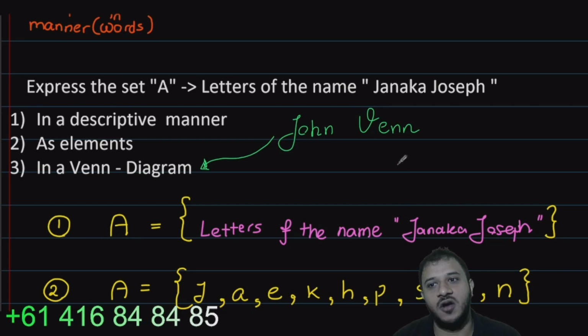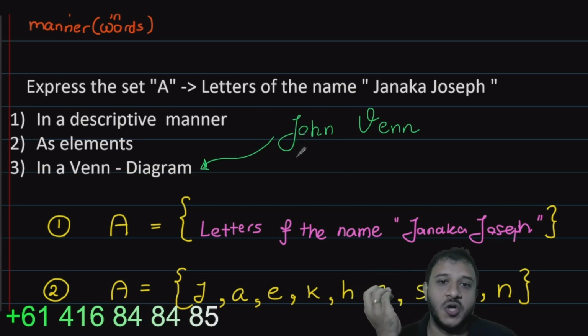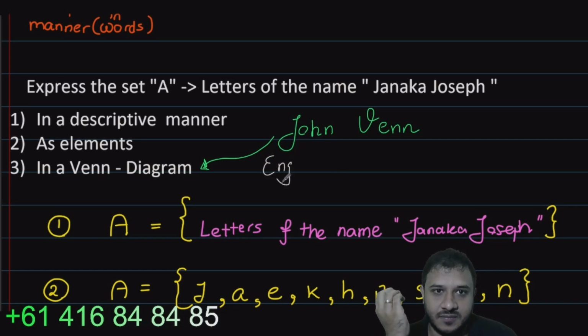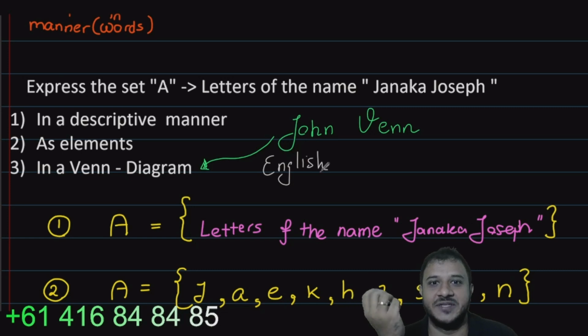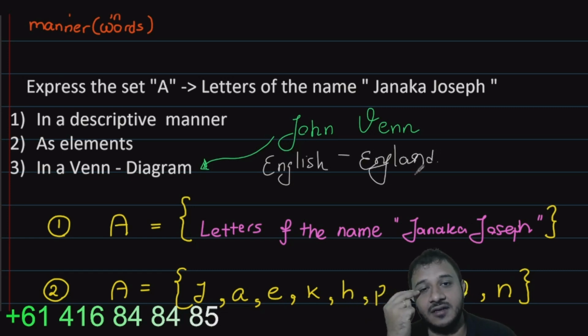You don't have to remember these things, okay? This is a little bit of history. I used to be a person who loves to learn. Whenever I learn something, I always try to figure out why it happened, how it happened, and the reason why we are learning it. So this is something for your knowledge. John Venn is an English person, meaning a person who comes from England.